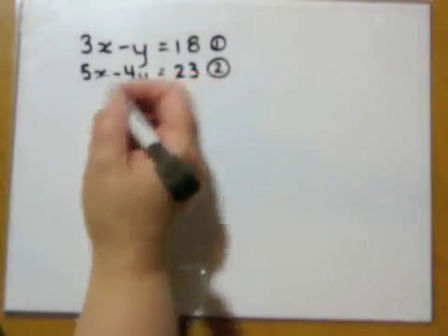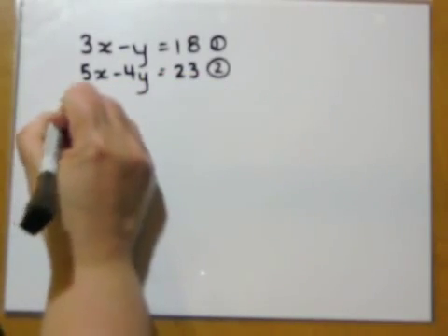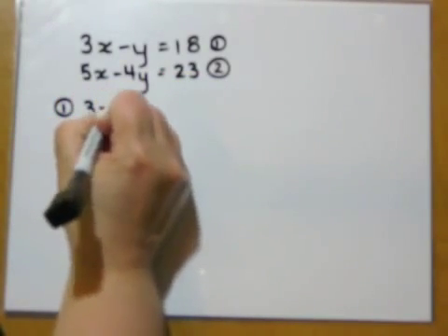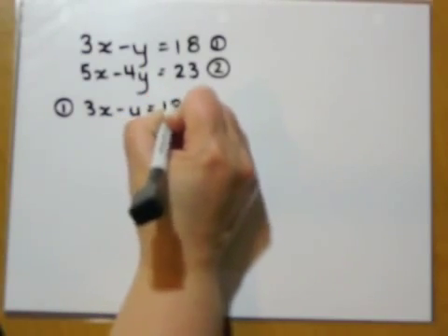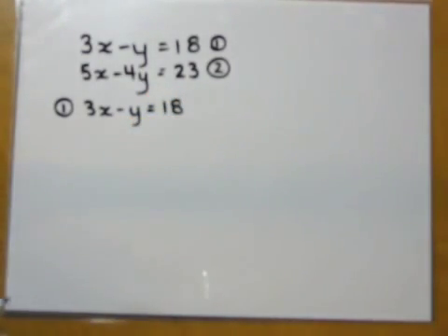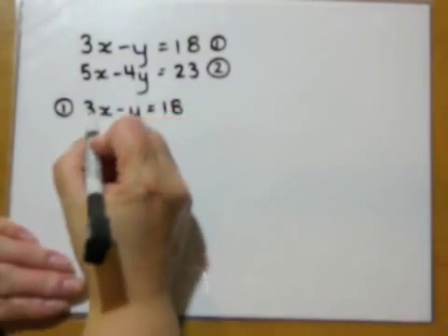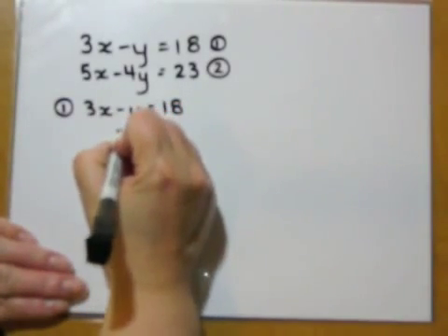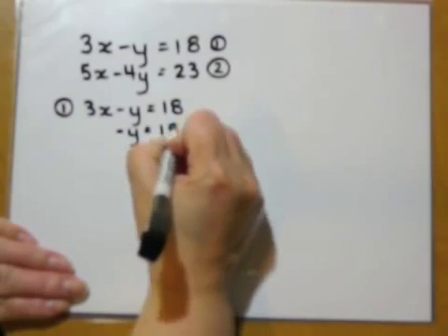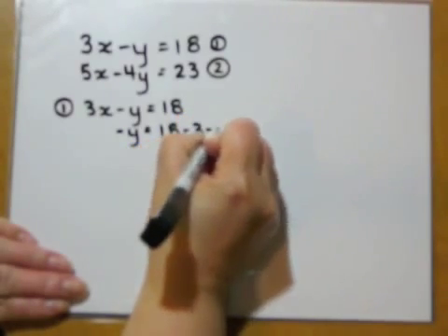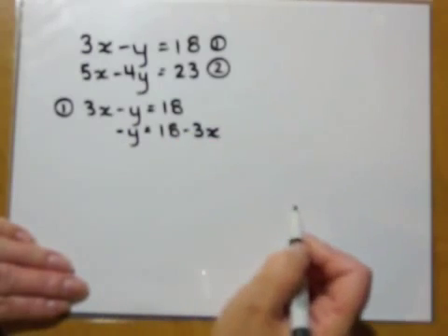So what I'm going to do is take equation number 1, which is 3x minus y equals 18, and I'm going to rearrange it to get y by itself. So I'm going to first subtract the 3x on both sides, which gives me negative y equals 18 minus 3x. And y isn't quite by itself yet, it's still got that negative there.